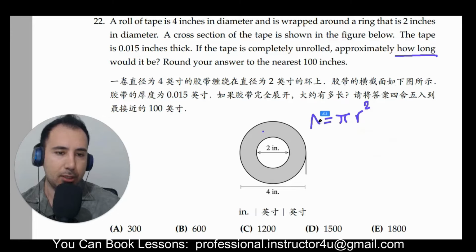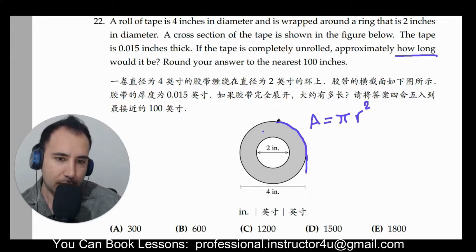But how do we know this? You have to visualize this during the test. You have to go, okay, I'm going to cut this much of the tape. And we know that this is going to be the thickness of it.